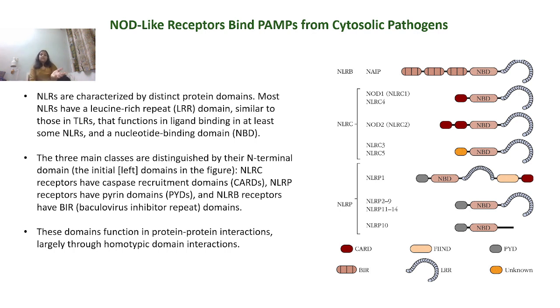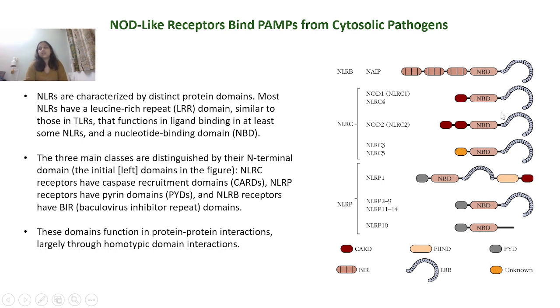There are three main classes of NOD-like receptors which are distinguished by the N-terminal domain. NLRC receptors have CARD domains. NLRP have pyrin domains, these PYD domains, and NLRB receptor has this BIR domain, the baculovirus inhibitor of apoptosis repeat domain.